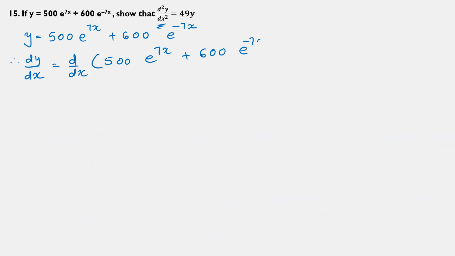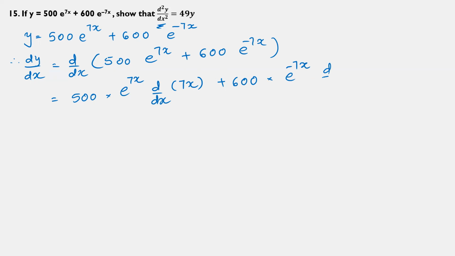Because I have the formula for e to the power x: the 500 as a constant into e to the power 7x, differentiation is e to the power 7x, but it has some weird power. That means again the chain rule must be applied. 600 as it is, e to the power minus 7x, but the power minus 7x needs to be differentiated.